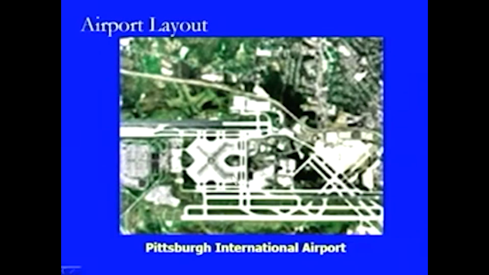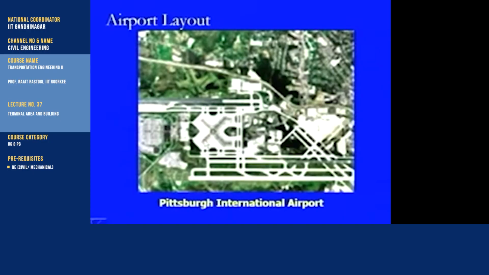These are the locations along which the aircraft have been parked. All this hazy area around these locations is the aircraft stands or the gate locations from where the passengers will be boarding these aircraft.